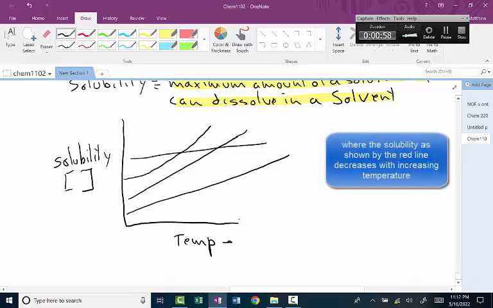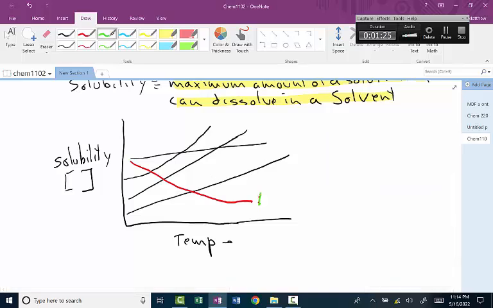I need to tell you, there are some salts that decrease in solubility with temperature, shown by this red line here. I'll cover it again with green, such as sodium carbonate, Na2CO3·H2O.